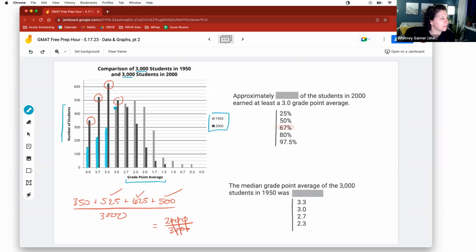What is a median? How do you calculate median at all? How do we calculate the median? What's the formula for median?